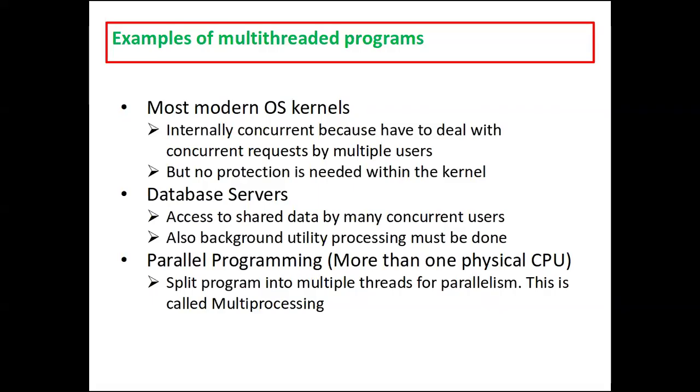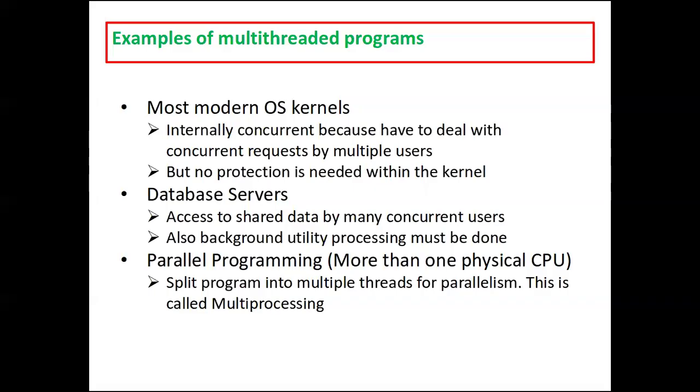Many users interact with the system at the same time. The kernel must handle multiple operations simultaneously. I will come back to that example after a while. An important point to understand here is that no protection is needed within the kernel because threads inside the kernel operate together. They share the same environment.